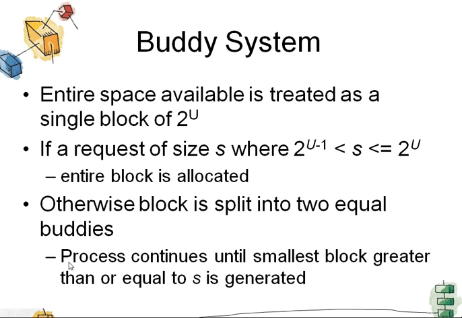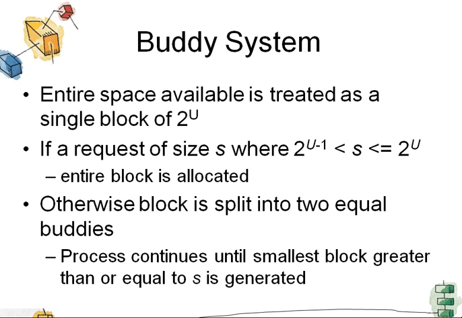If so, then the entire block of memory is allocated here. Otherwise, the block of memory is broken down into 2 equal parts, and we call these 2 equal parts buddies. And this process continues until the smallest block which is greater than or equal to s is generated here.